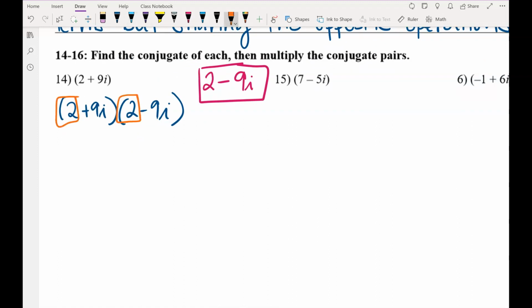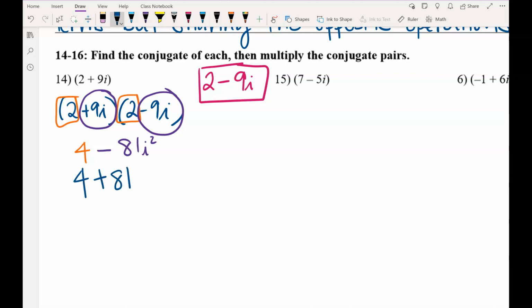What's 2 times 2? 4. And the last two, what's 9i times a negative 9i? Negative 81i squared, which is 81. So what's 4 plus 81? That's right. So can you see that if it's a conjugate pair, it's a lot easier to multiply?